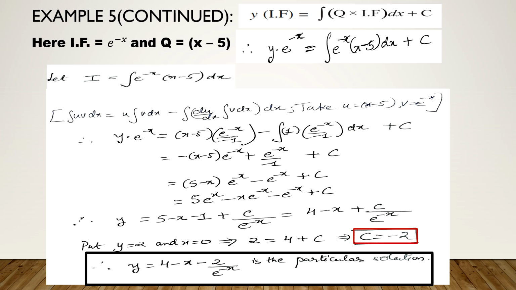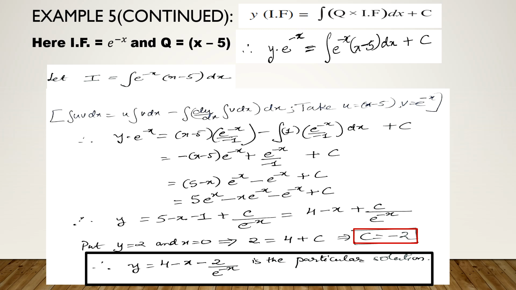Again, next step, simplify it. Simplify it and divide by e raised to minus x because you want y on the left hand side. So you will be getting y is equal to 4 minus x plus c upon e raised to minus x. So your general solution is y is equal to 4 minus x plus c upon e raised to minus x.